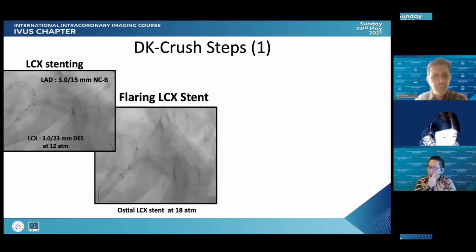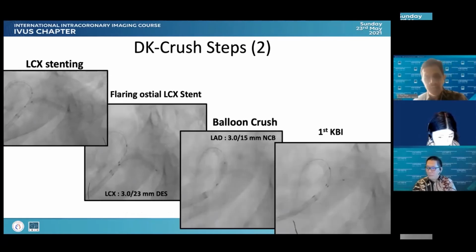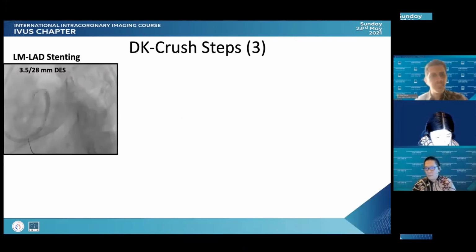Afterward, we flared the circumflex stent up to 18 atm, pulled the balloon back a bit, and flared again to 18 atm. Then we crushed the circumflex stent after removing the balloon, and performed the first kissing balloon. Afterward, we put a 3.5 DES from the LED to the left main.